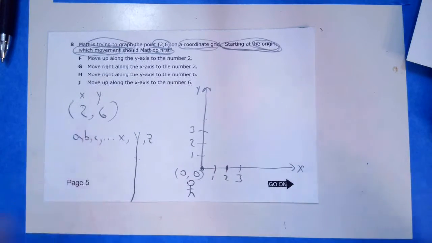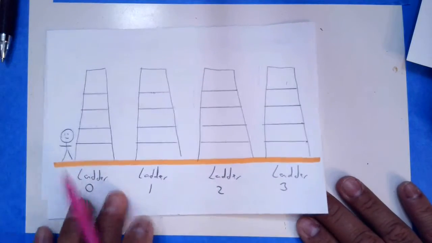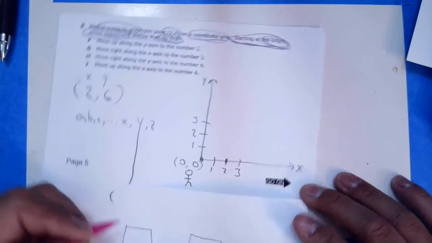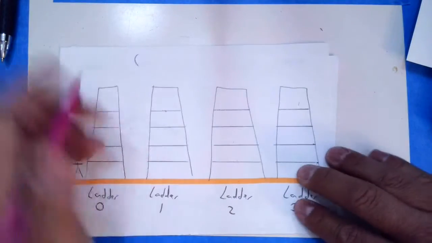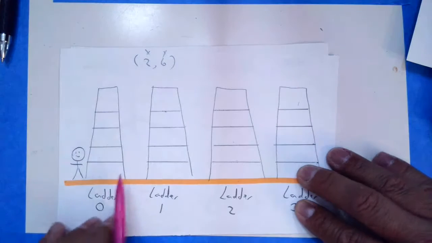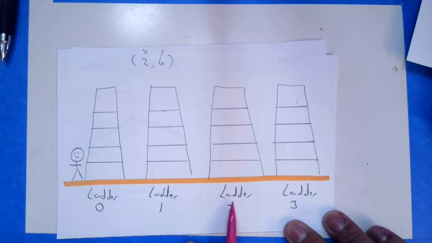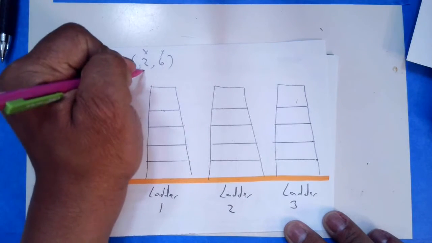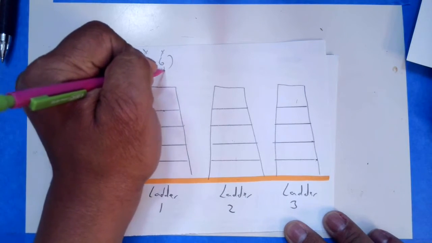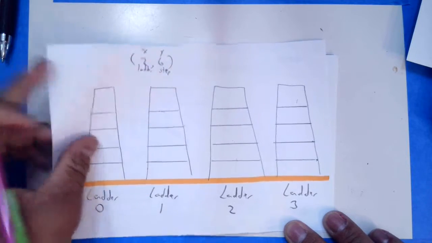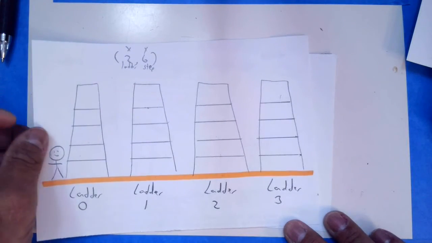Remember, also, if I write this down, (2, 6), X, Y, 2 is my ladder, 6 would be the step. This is my ladder. This is my step. Just another way of helping us understand how to plot these points.